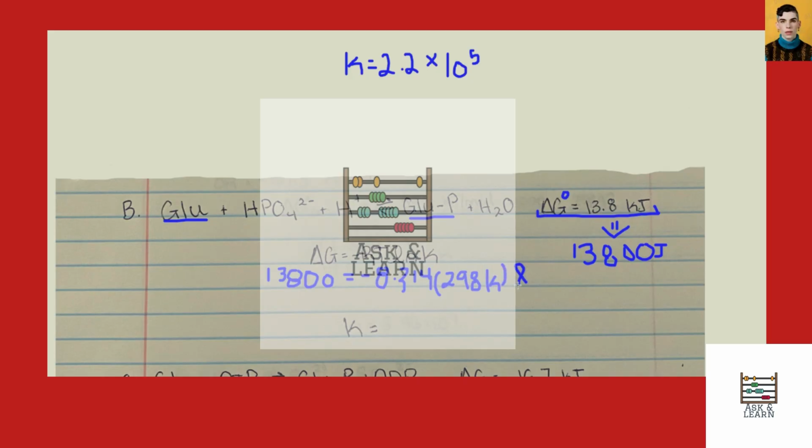And then we're solving for ln K. So we would multiply these together and then divide 13,800 by that, and then take e to the power of that number in order to get K. So if you want to pause the video real quick and do that calculation, you should get a K of 3.8 times 10 to the negative 3.